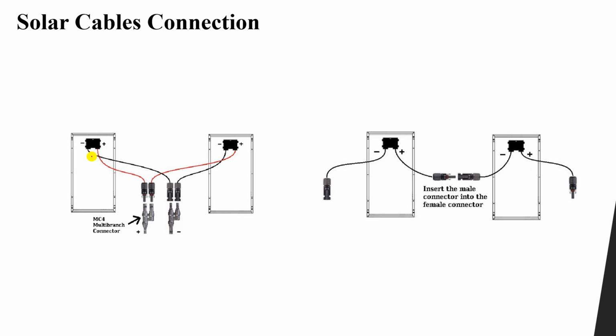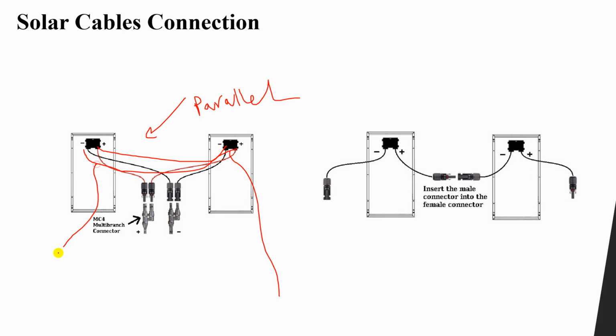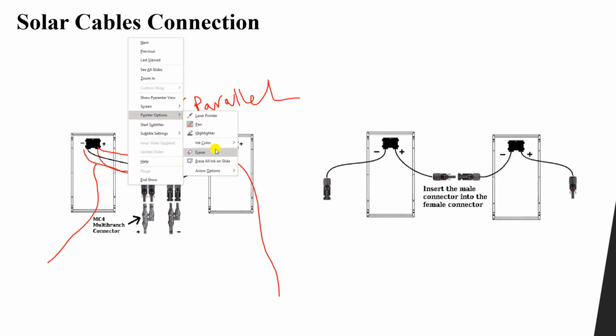So if you remember, if I would like to connect them not in series, but in parallel, this configuration is for parallel. Okay, so what I need, I would like to connect positive with positive and the negative with negative. Then we take the positive and we take the negative. Okay, so we'll find that like this.